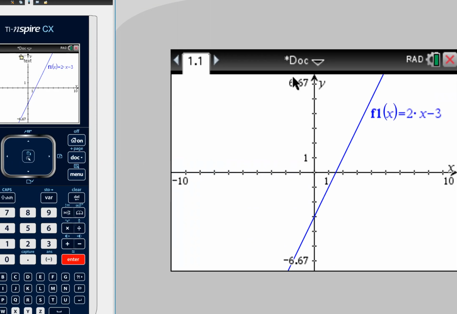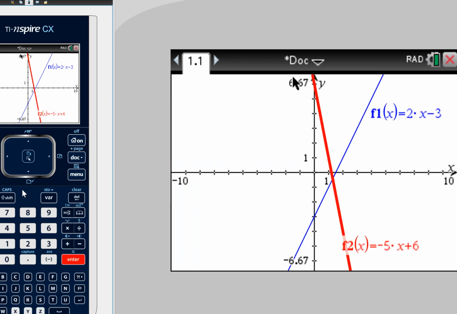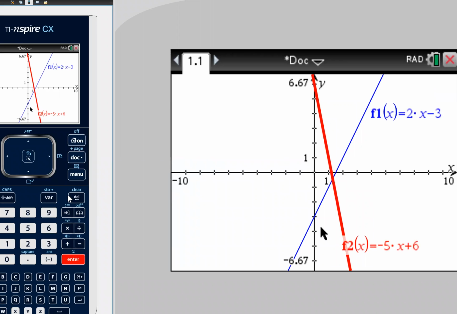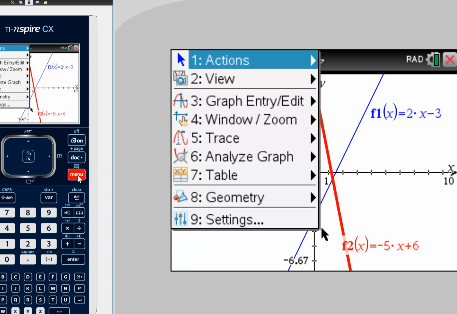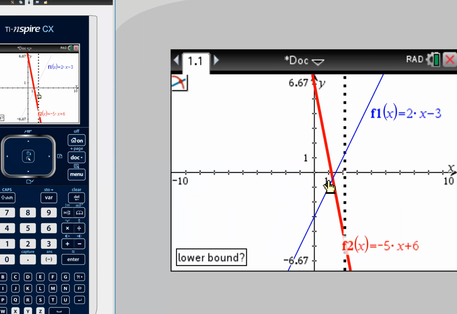What was the second equation? +6? Okay, thank you. Also notice my lines look the same. You guys can check. Like, oh, they're going in the right direction. Fantastic. I don't have to zoom. Amazing. All you have to do is menu 6-4.